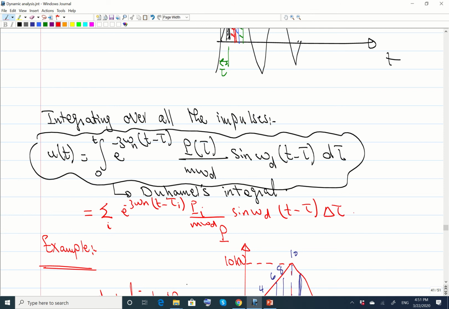So this is numerically. Instead of doing an integration, we're doing a numerical integration.